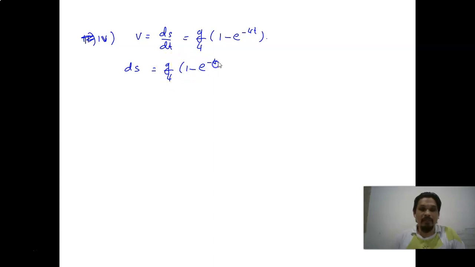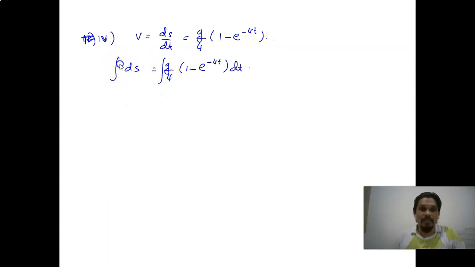Okay, v equals ds dt, the change of s with respect to time, which we have found just now, which is g over 4, 1 minus e power of negative 4t. So integrate, we call this ds equals g over 4, 1 minus e power of negative 4t dt. So bring dt here and integrate left and right.